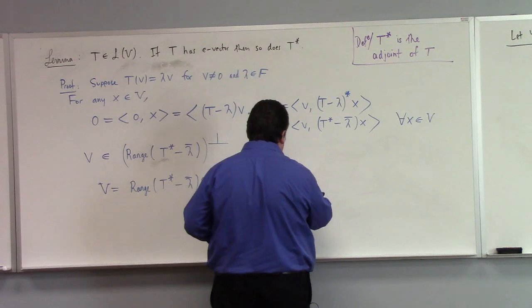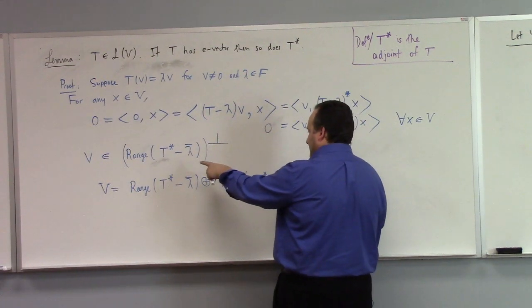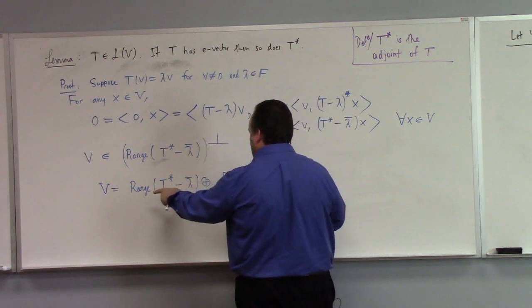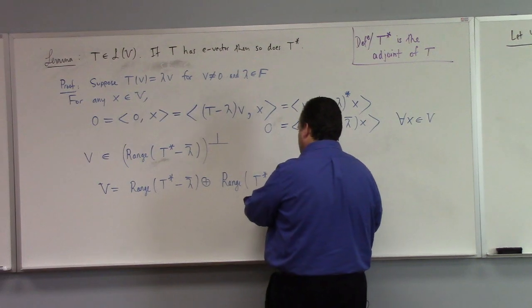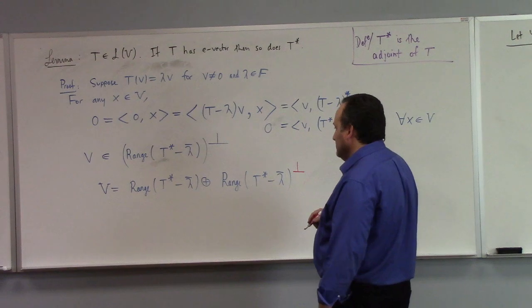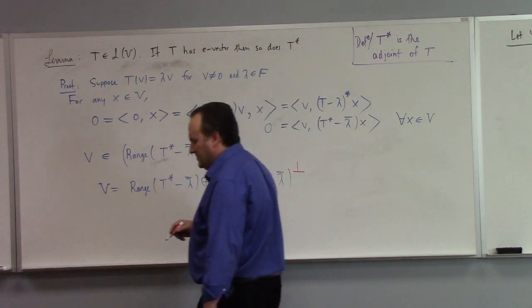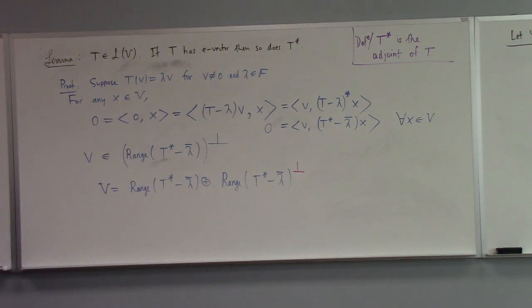So if V is in the perp, V's over here. All right, I'm sorry, I'm missing. He says V is orthogonal to the range of T star minus lambda bar I, so T star minus lambda bar is not onto.